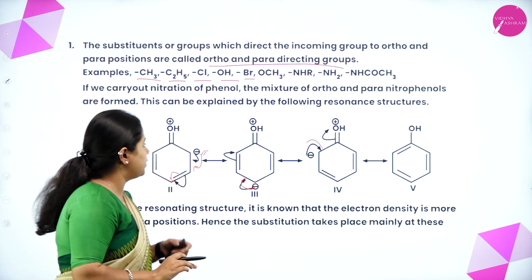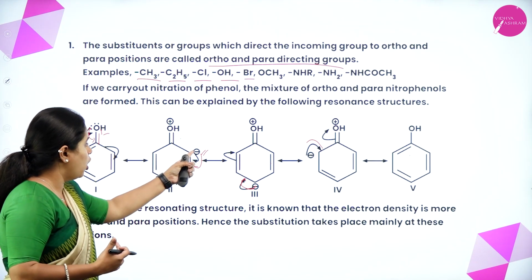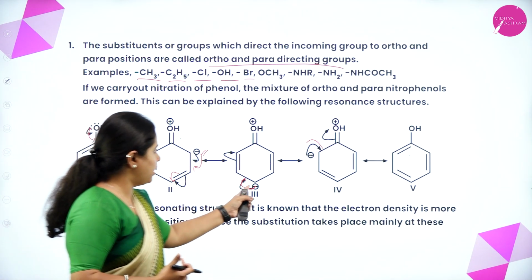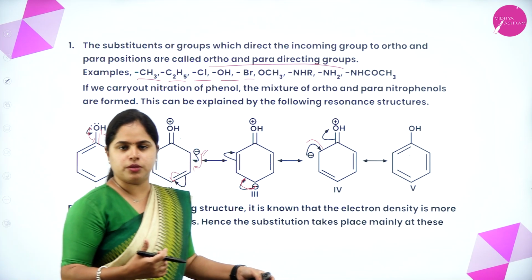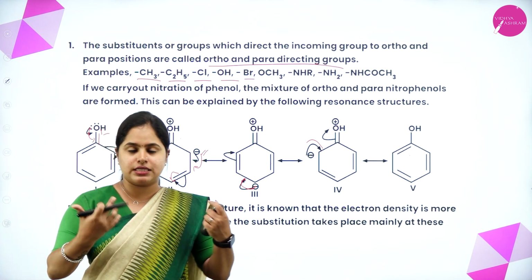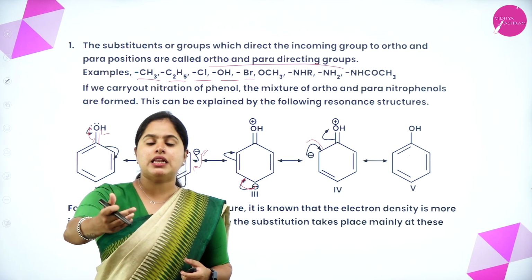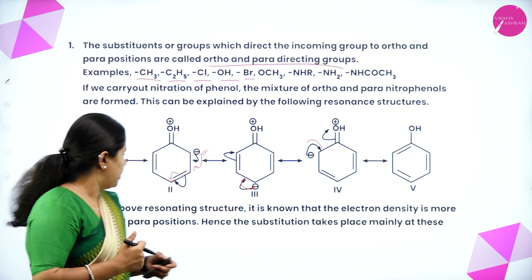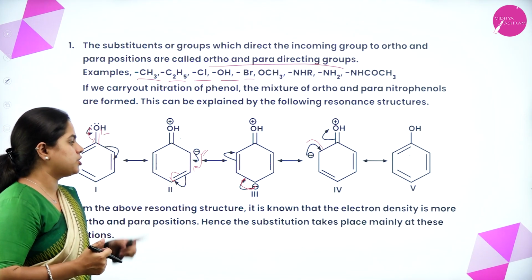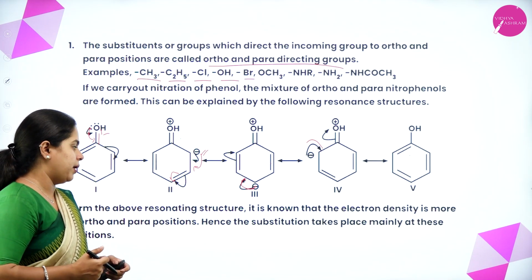What you can observe here is the negative charges, where you can see the electron richness, present in the ortho position, para position as well as the other ortho position. So as the richness of electrons is present in the ortho and para positions, the incoming groups will be directed there. From the above resonating structures, it is known that the electron density is more in the ortho and para positions.